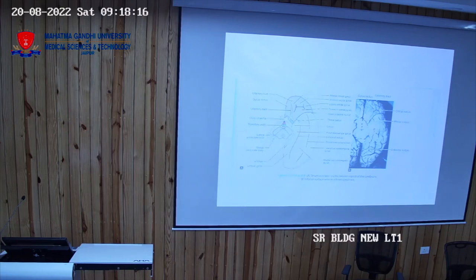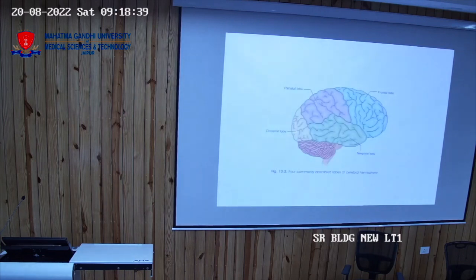So Brodmann gives them numbers, area number 4, area number 5, 7, like that, and this is called Brodmann's classification. After seeing this, we will talk about the functional areas of the frontal lobe first.